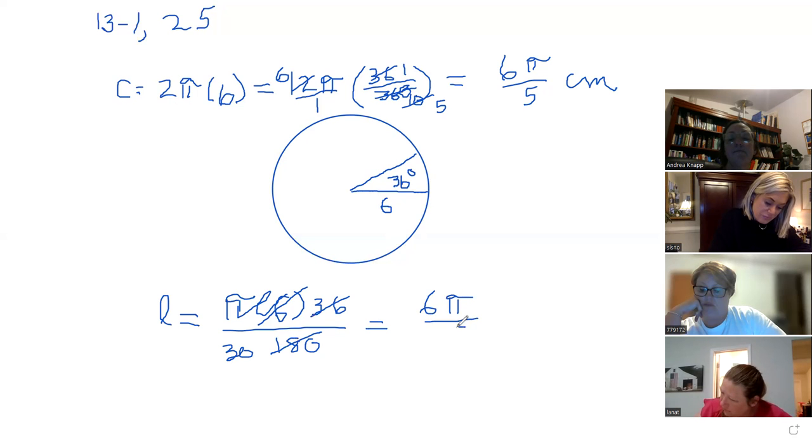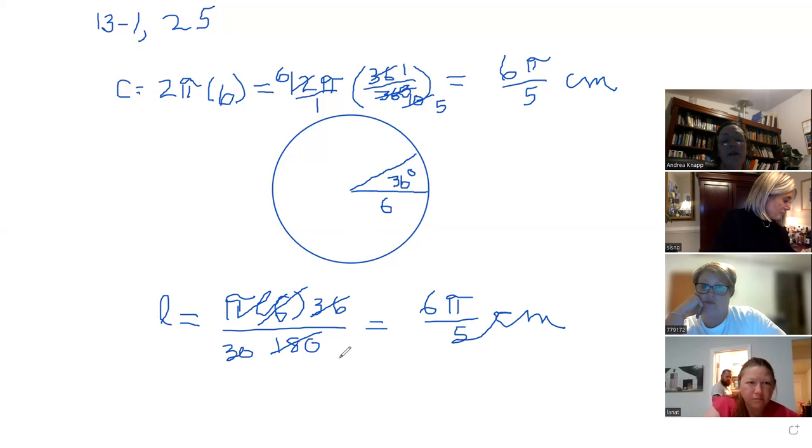Same thing. To get their formula, they did the same as us. It's just that they canceled the 2 and the 360. So that's why theirs is divided by 180 and it doesn't have the 2.